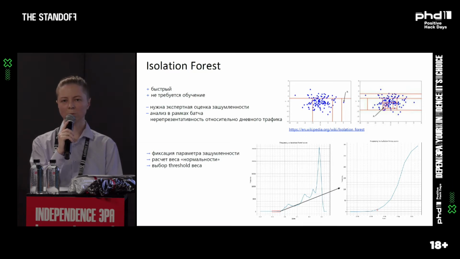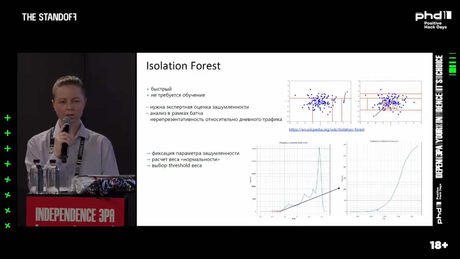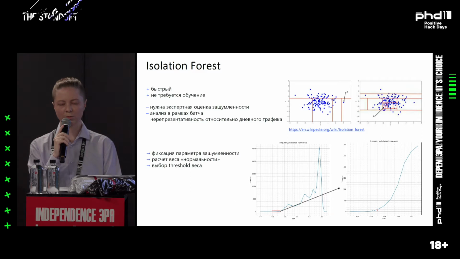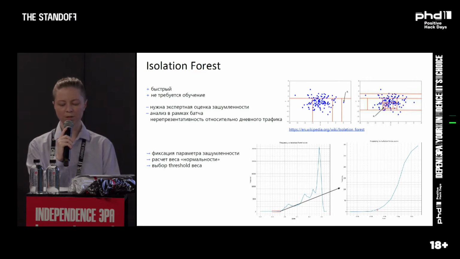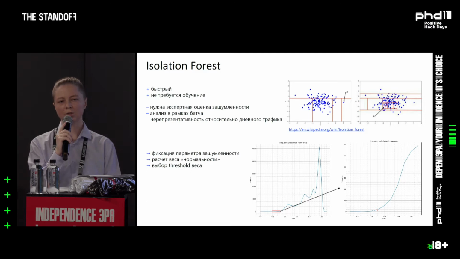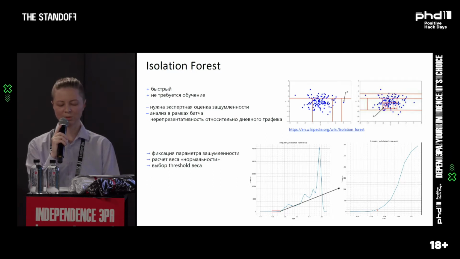Or you can mix the batches, but it will also slow down the algorithm performance. One more difficulty when we use this algorithm: we would have to identify the contamination parameter, the contamination of data, which was the expert assumption of the abnormal data, which we didn't have.